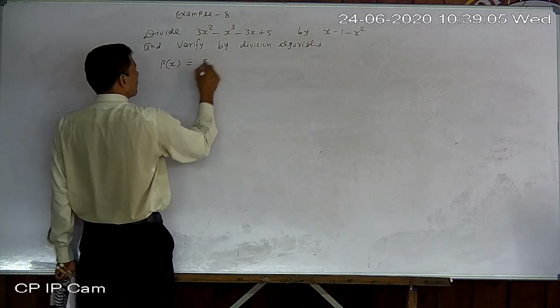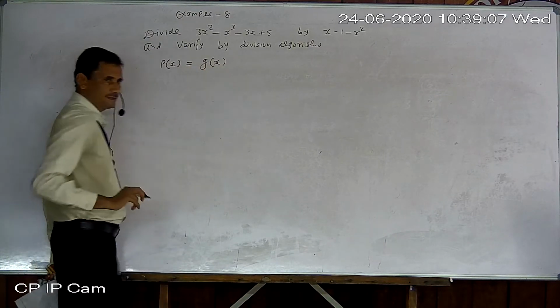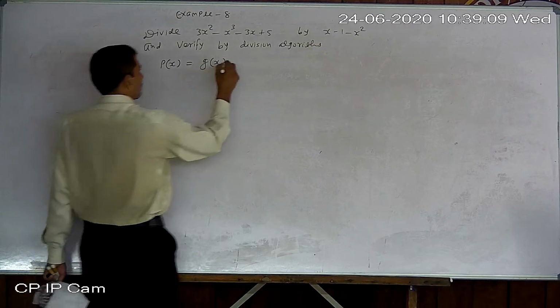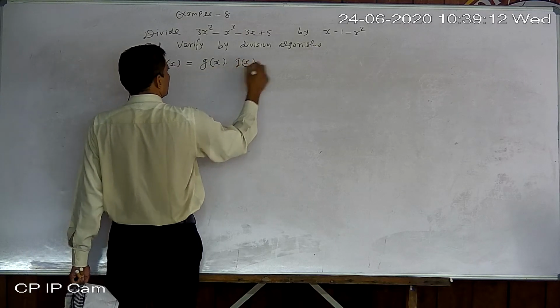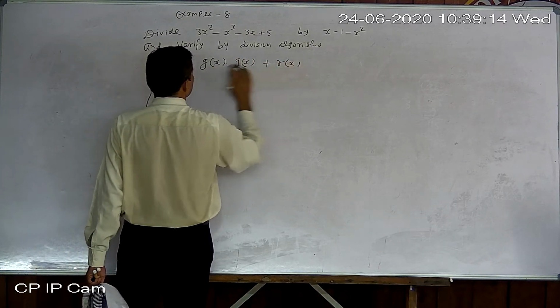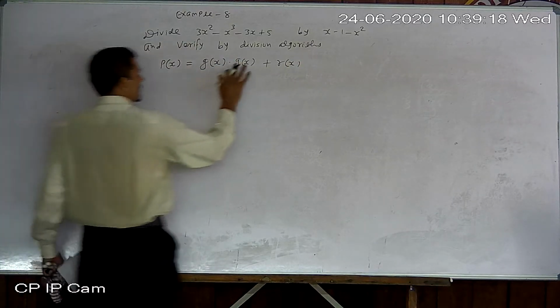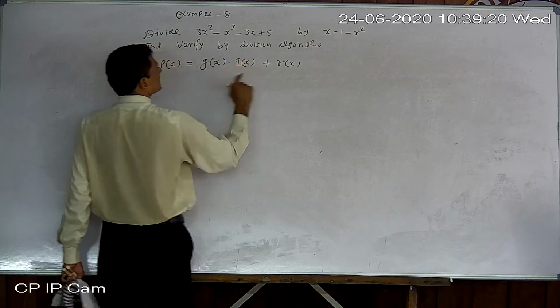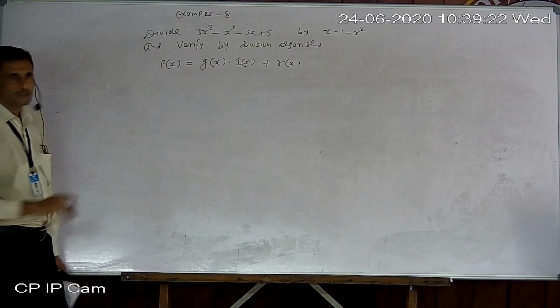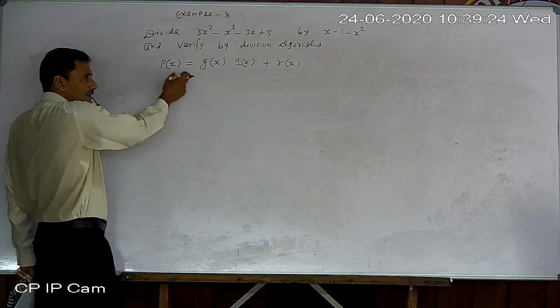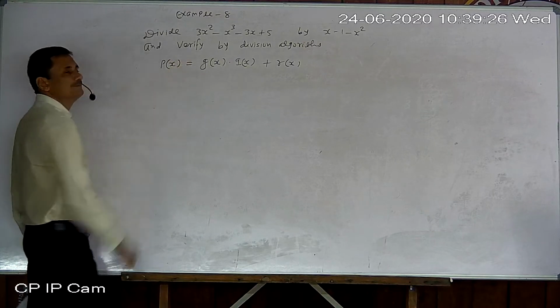The divisor polynomial is always denoted by v of x. The quotient by q of x and the remainder by r of x. So this is nothing but the division algorithm. P of x is equal to v of x into q of x plus r of x. So at last, not now, at last we have to use this one.